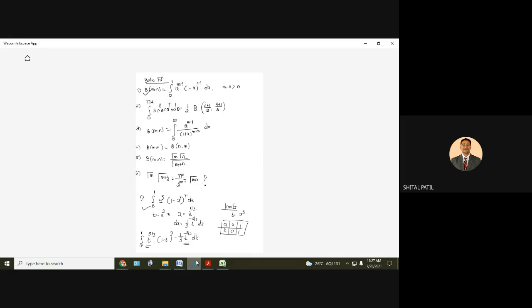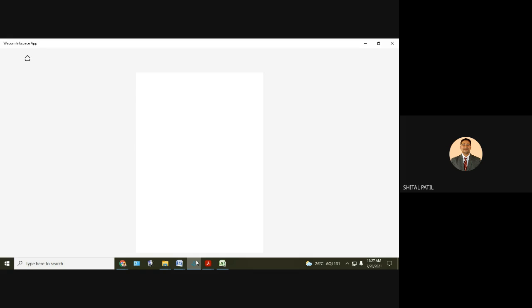It may be asked to find this value. Remember the next formula. Evaluate the integral from a to b of (x minus a) raised to m into (b minus x) raised to n dx.